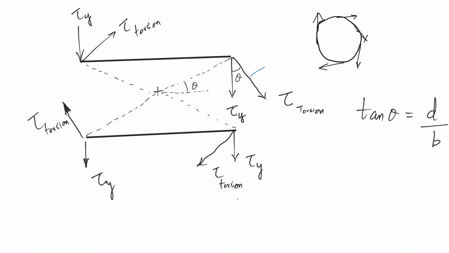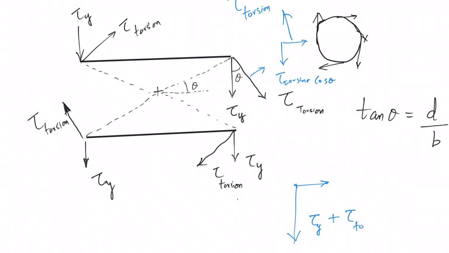If we decompose this one, we will have two components: tau torsion cos theta, and tau torsion sin theta. The resultant one will look a bit longer here because we have tau y plus tau torsion cos theta here, and here we have tau torsion sin theta. Make sense? These two regions are where we expect the shear stresses to be maximum.